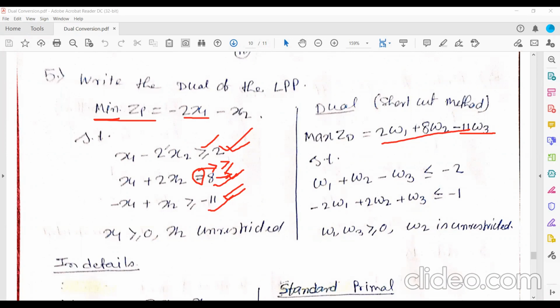The next: minus 2W2, W1 plus 2W2 plus 1 into W3. Greater than becomes less than or equal to the coefficient of x2 from the objective function of the primal, that is minus 1. So here, the equality sign is present in the second.